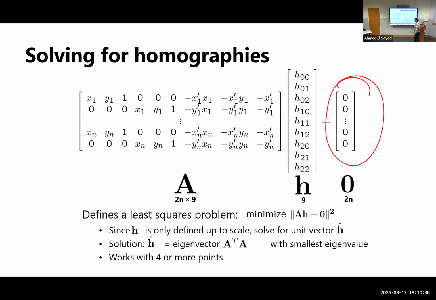Which means what? I'm trying to find the eigenvector of A transpose A. So this technique is similar to the problem that we faced when we discussed the corner detection, if you recall. So we'll try now to find the eigenvector of this matrix times its transpose.